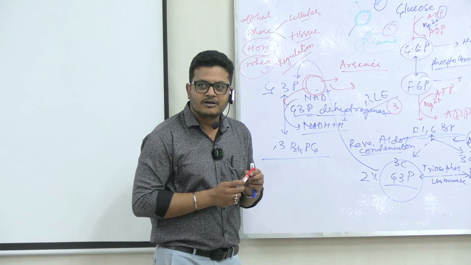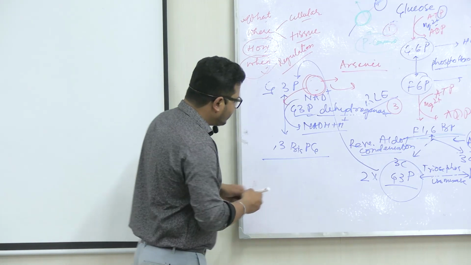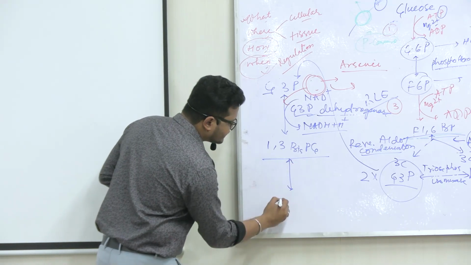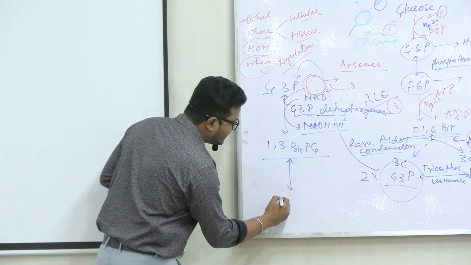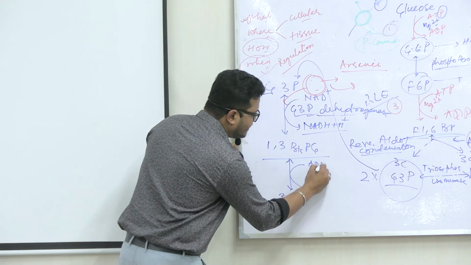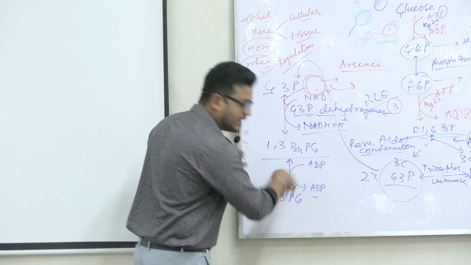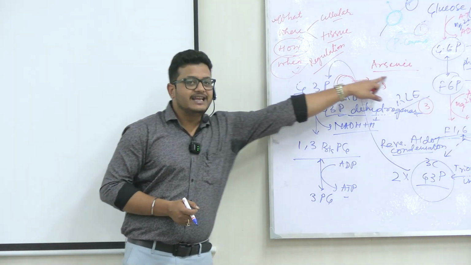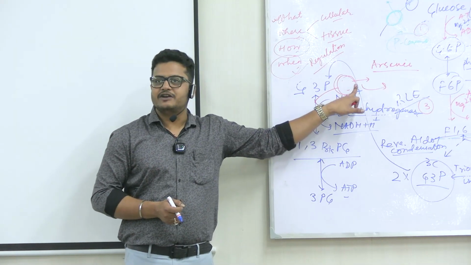Yes or no? Fine. The next reaction is conversion of 1,3-bisphosphoglycerate into 3-phosphoglycerate with the production of ATP from ADP. We'll come to that, this is the next step we are going to see. But if arsenic poisoning is there, this inorganic phosphate will be removed.